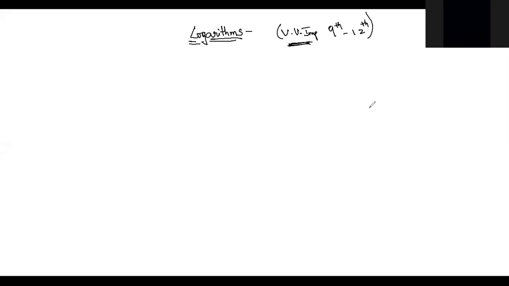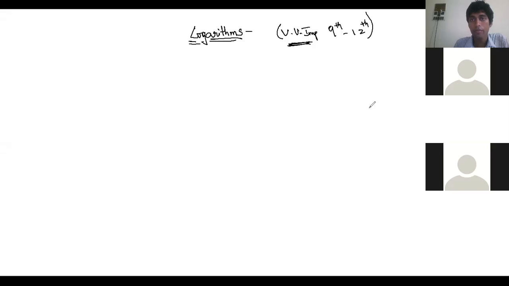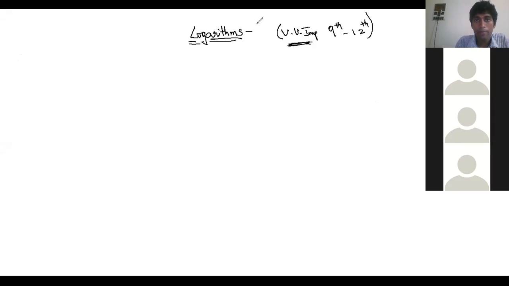So let us start with the basic understanding of logarithms. Now there are some prerequisites which you have to know for this topic. Do you understand the word prerequisite?